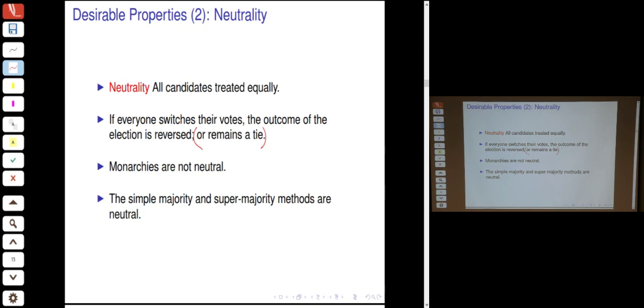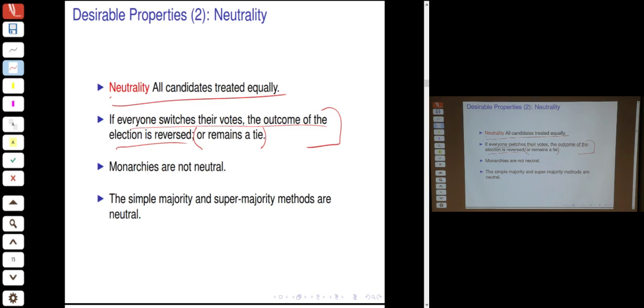Our input is the sequence of votes cast by the different voters, and our output is the winner of the election. The property of the social choice function that we want in terms of neutrality is that all candidates should be treated equally, and the detailed description of this property is that if everyone switches their vote, then the outcome of the election is reversed. Okay, and in the event that it was originally a tie, it should remain a tie.